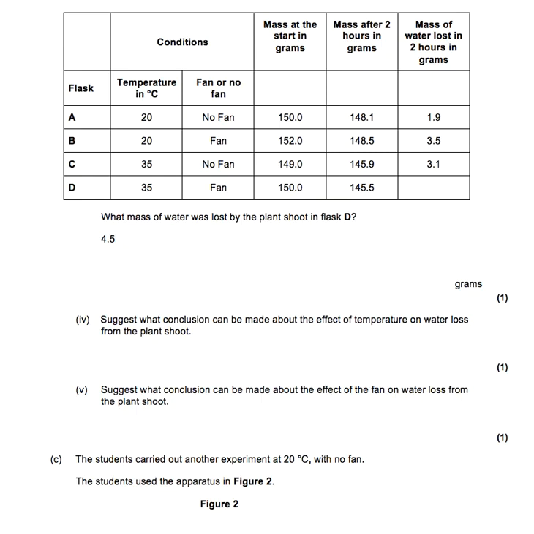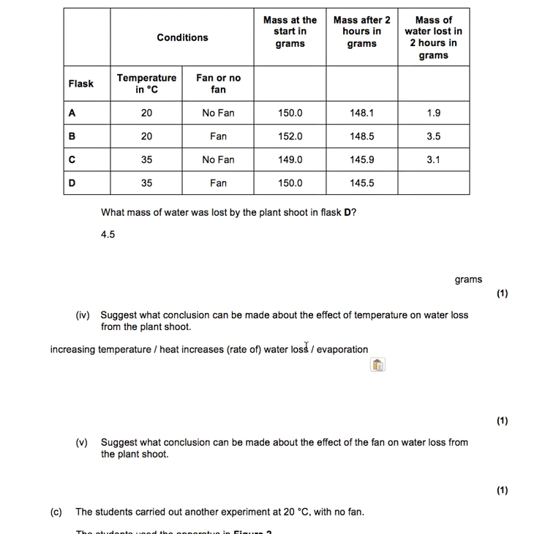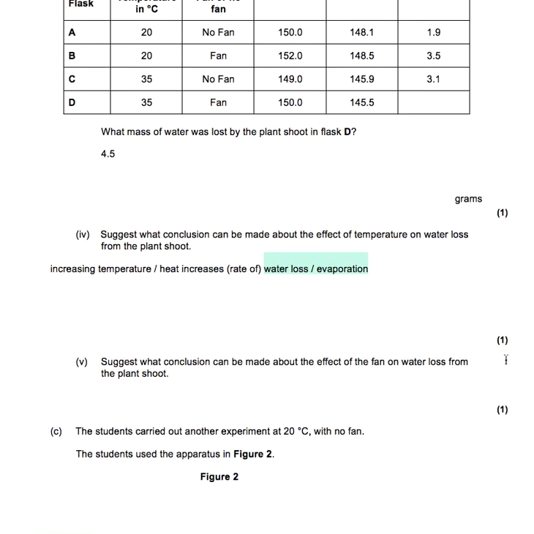Well, I think you can see from the table quite clearly that increasing the temperature increases the rate of water loss or evaporation. So increased temperature or heat increases the rate of water loss or evaporation. So one or other of these terms in your sentence for 1 mark.